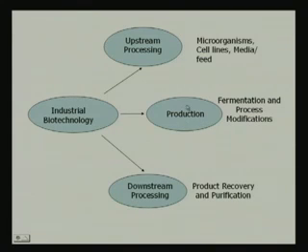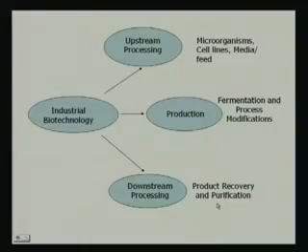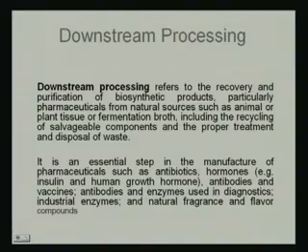When the production is done and the product is already produced within the living cell, fermentation is over and the production parameters are over, downstream processing starts. And we are learning what the strategies for downstream processing are.